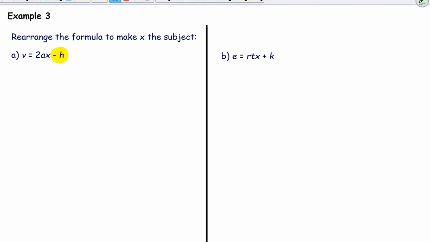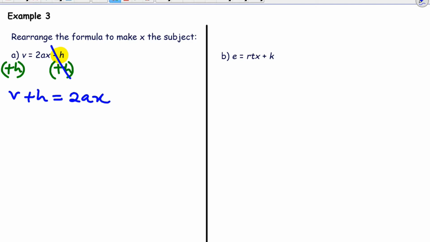So the opposite of subtracting h is adding h. We can add h on each side. Now we know that h minus h or negative h plus h will be 0, just like negative 1 plus 1 is 0. So we'll have v plus h is equal to 2ax.